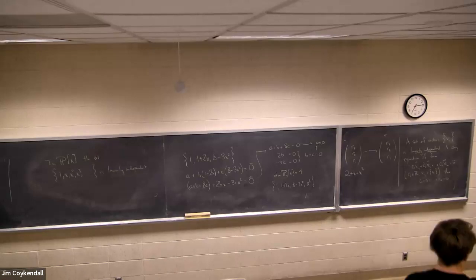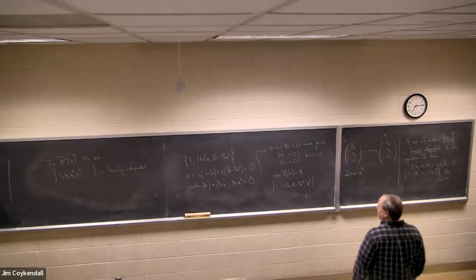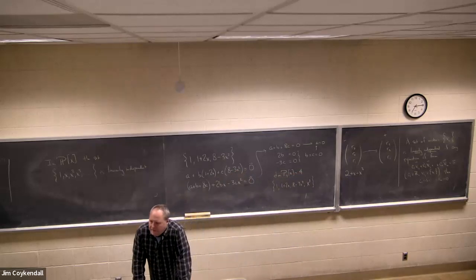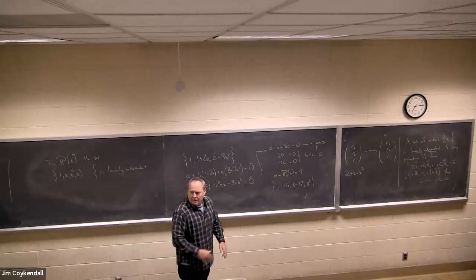If you think of the polynomials, one as e1 and x as e2 and so forth, then you can make a matrix out of it.